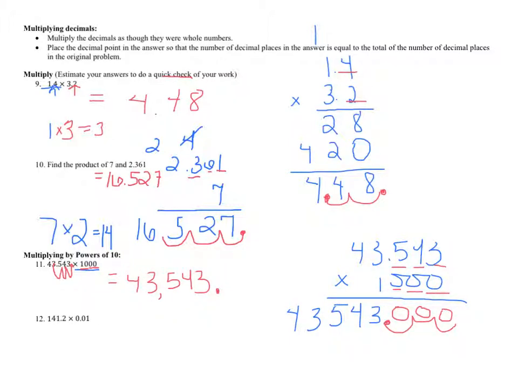Now, if multiplying by a whole number power of 10 is going to increase the size of our answer, multiplying by a decimal power of 10 or fractional power of 10 will decrease our answer. So we see if I'm doing 141 and 2 tenths times 1/100th, well, there are 2 decimal places in that power of 10 that I'm multiplying by. So that's telling me I'm going to decrease my final answer by 2 decimal places.